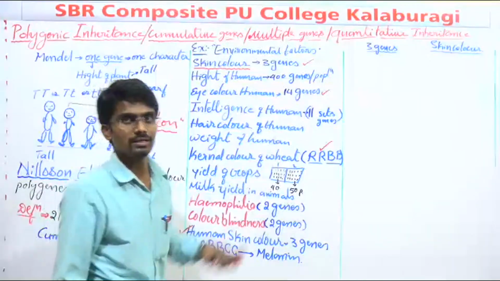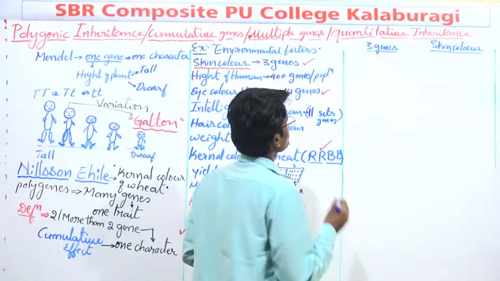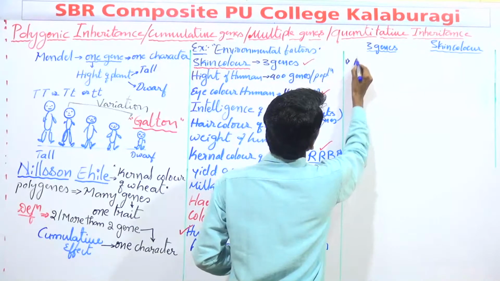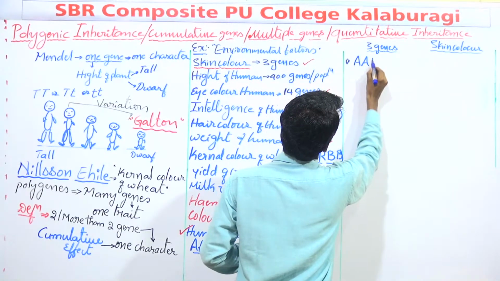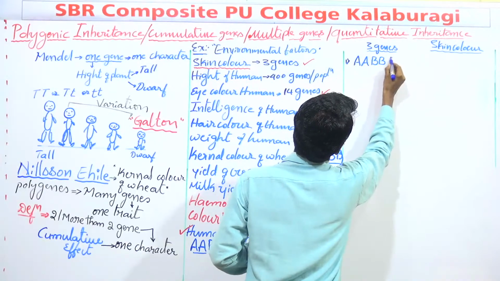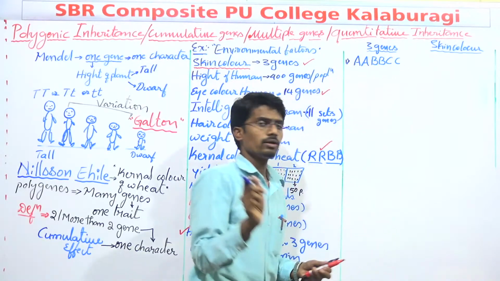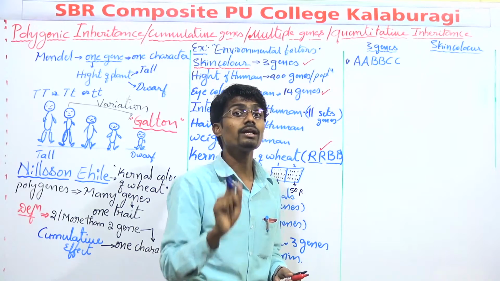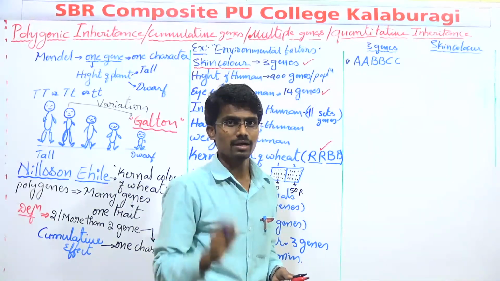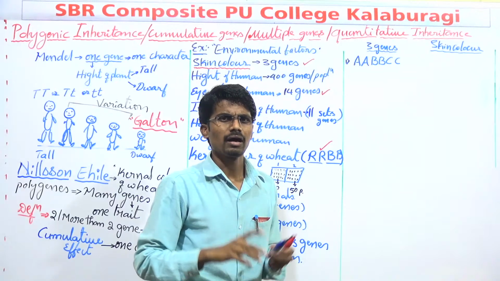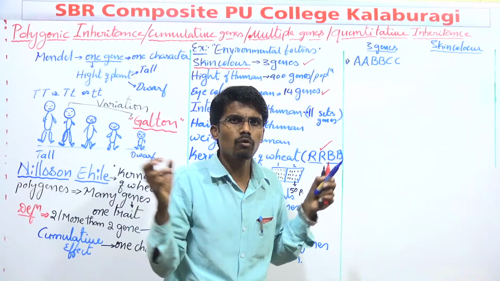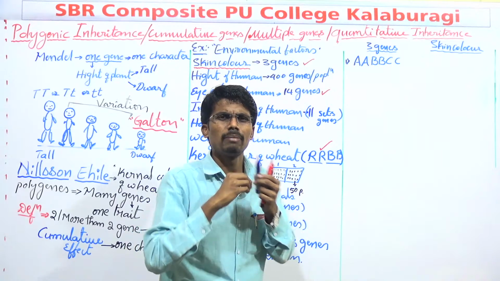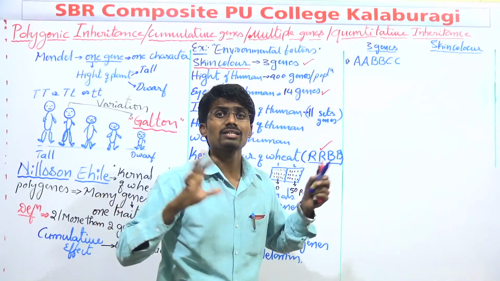First of all, you can see all alleles are dominant, like capital A, capital B, capital C. If any individual has all 3 genes in dominant form, these genes produce more melanin. That's why the skin is totally black, the darkest skin color.